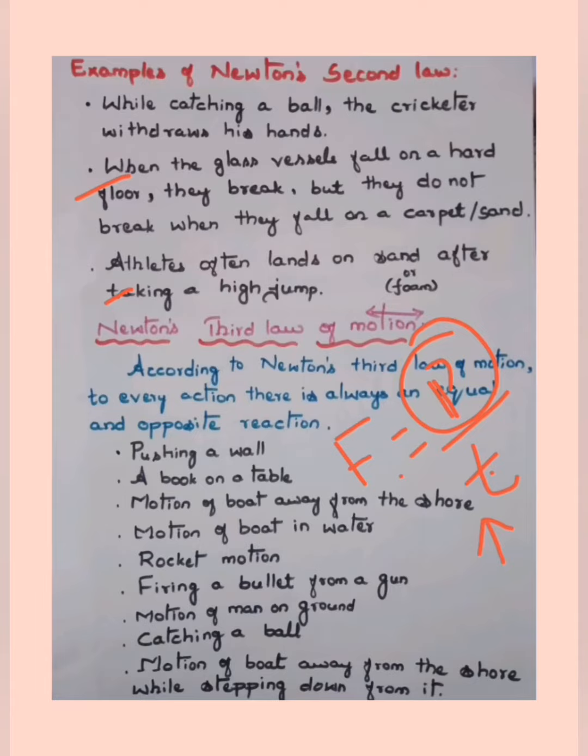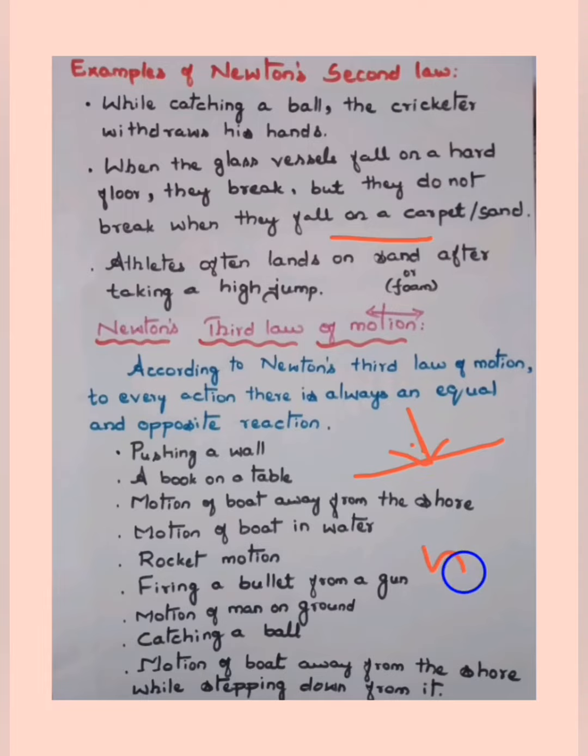Here, when a glass vessel falls on a hard floor, it breaks, but it does not break when it falls on a carpet. Imagine a hard floor: the glass falls on it, and if it takes 5 seconds and the momentum is 10, then 10 by 5 gives us 2 Newton, the force applied.